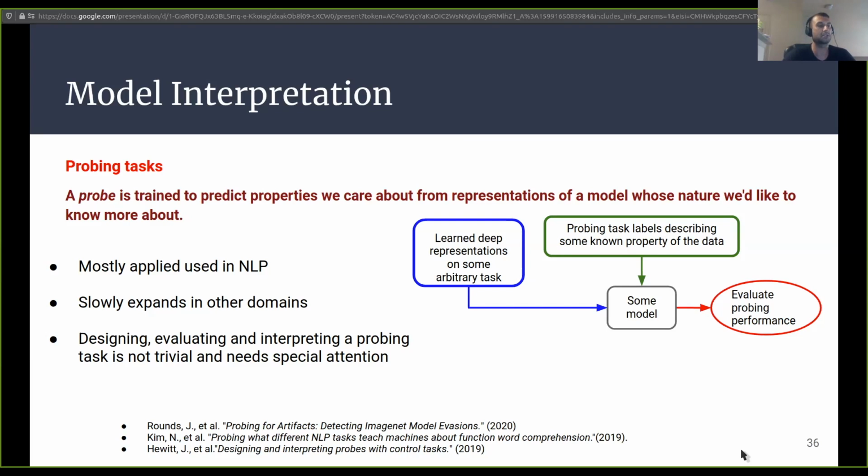The main reason is that they are much harder to understand and interpret just by visually observing them. However, I can definitely see that the future is going in that direction. At the bottom, you can find some interesting leads related to how we can use probing to interpret insights about deep models. And model interpretation is one of the most important things in this area of research.